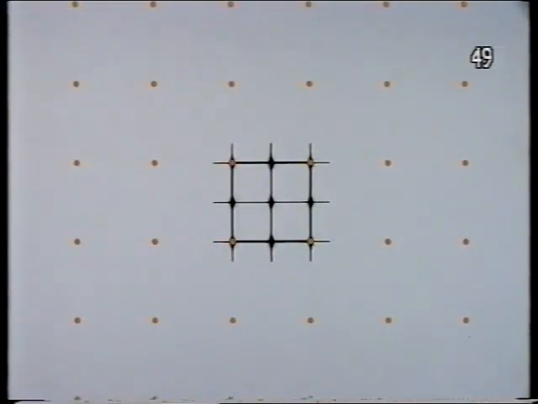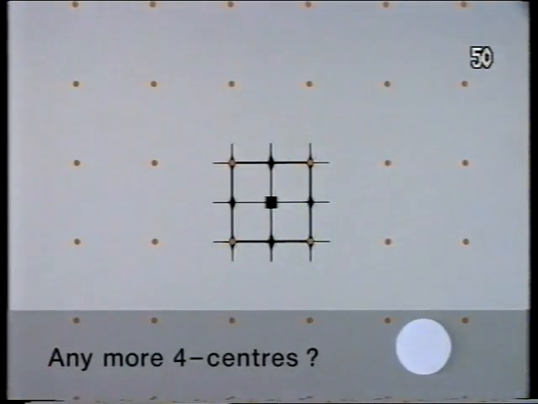Well, we now have centres of rotation of order 4. Fairly obviously, each square has a fourfold rotation about its centre. And it's a fourfold rotation of the entire lattice. What about the other points that used to be only 2 centres? Have any more been upgraded to 4 centres?